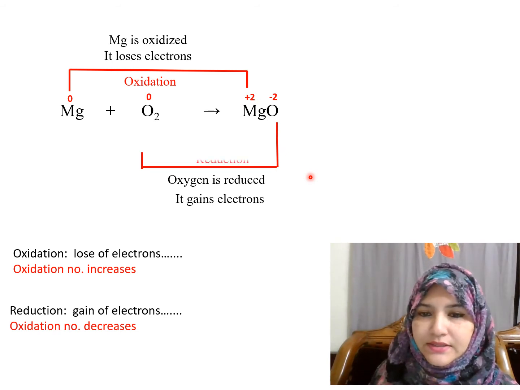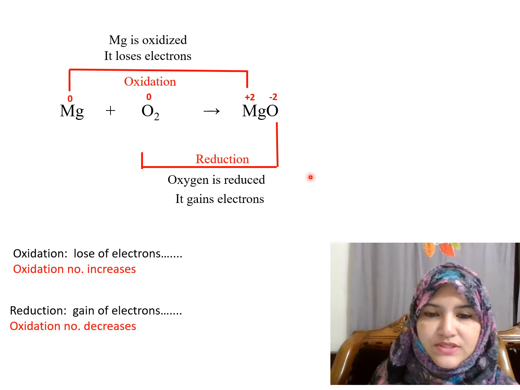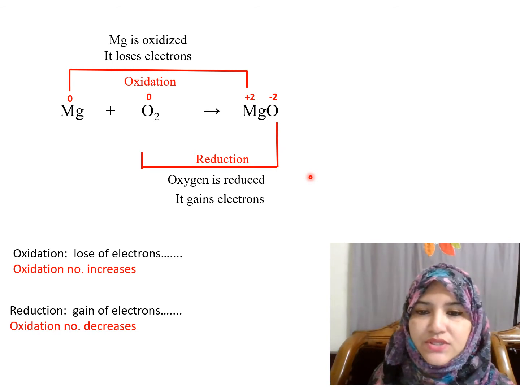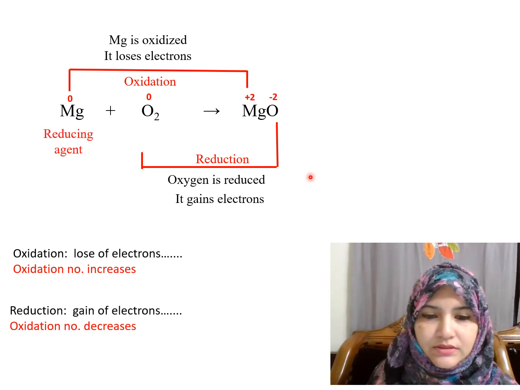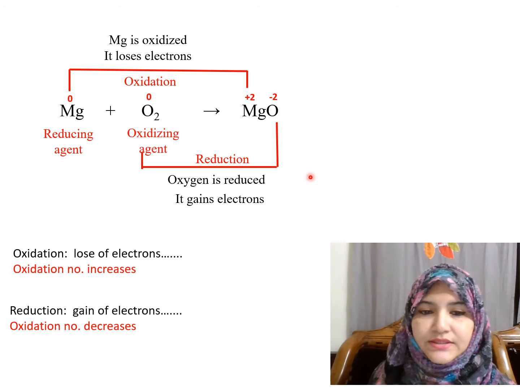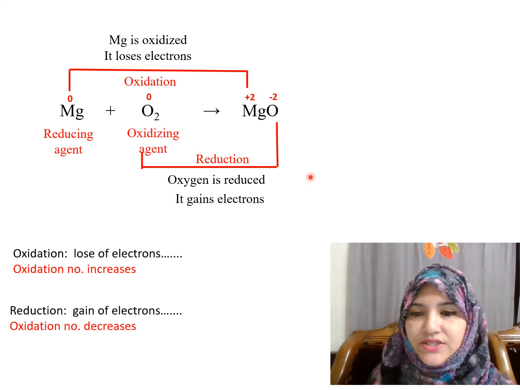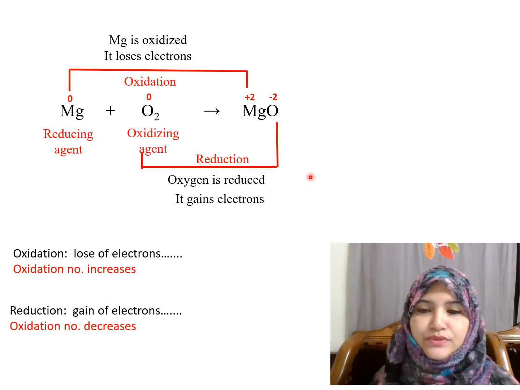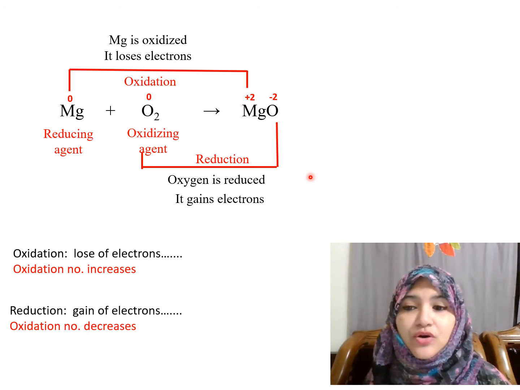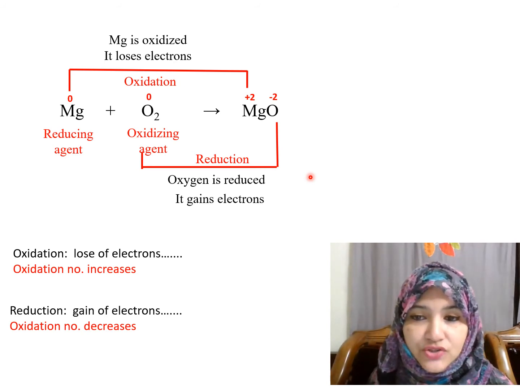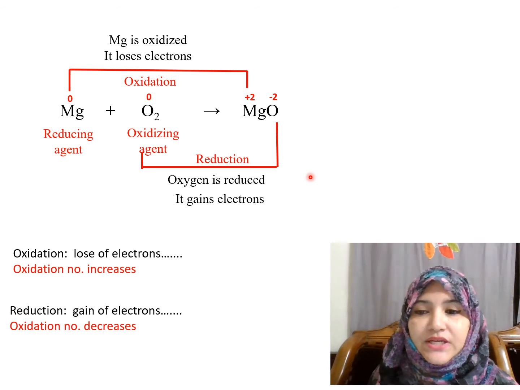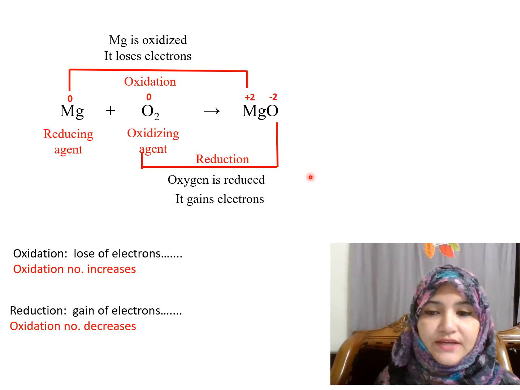That means oxygen is reduced, and it gains electrons, and this is called reduction reaction. You need to remember that oxidation always occurs with the loss of electrons, and reduction is associated with the gain of electrons.